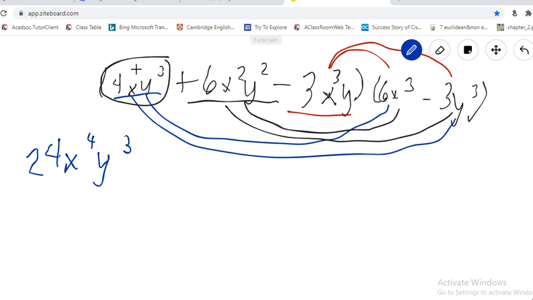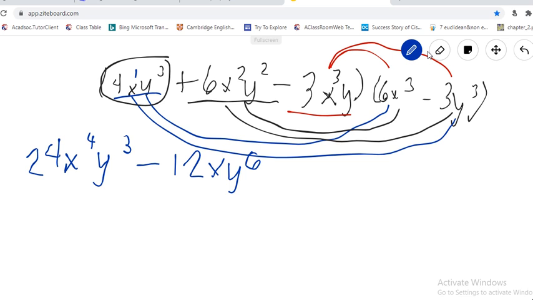Because we have an exponent here of 1, right? And then next, 4xy cube multiplied to negative 3y cube. That will give us negative because this one is positive, this one is negative. So that is negative 12xy raised to 6. Oh, sorry, that one is 6.